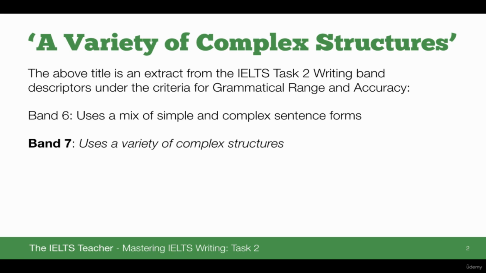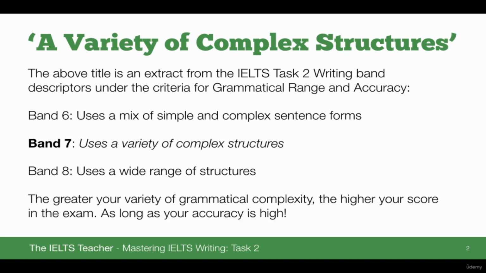Band 7, though, uses a variety of complex structures. And if we look at band 8, uses a wide range of structures. So quite simply, the greater your variety of grammatical complexity, the higher your score in the exam, at least as long as your accuracy is also high.